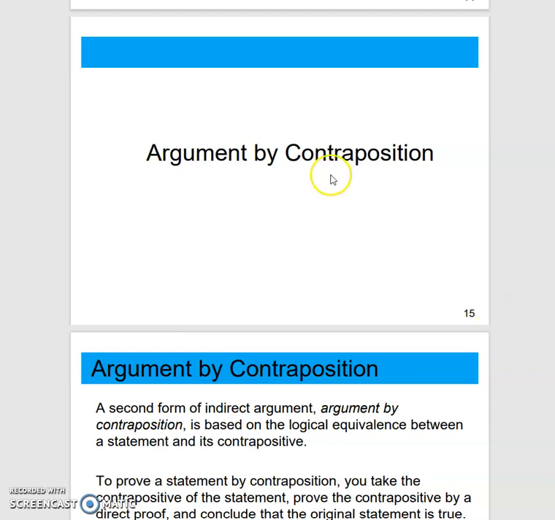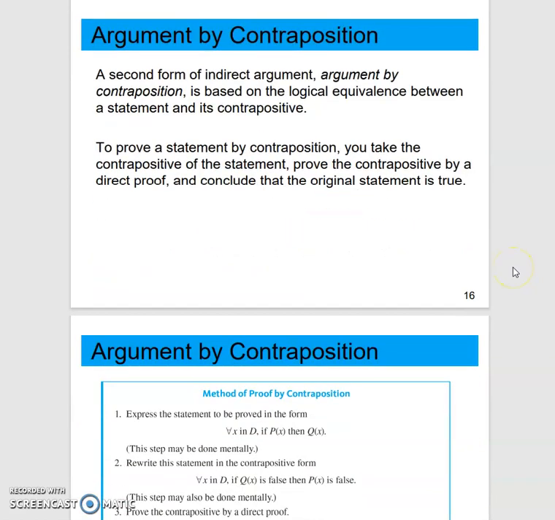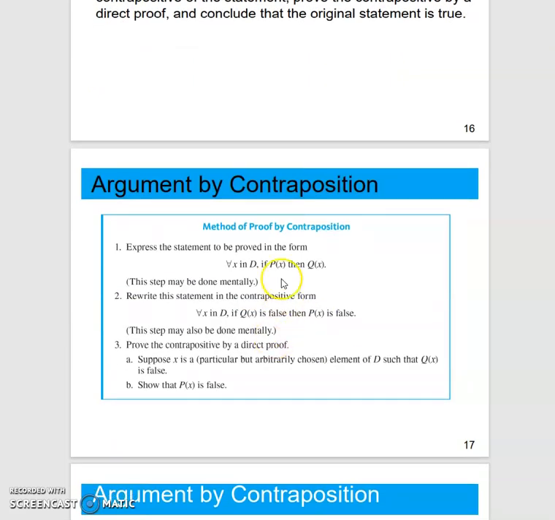Let's look at contraposition. We did contraposition earlier. Remember our regular if P then Q. The contrapositive is if not Q, then not P. And we said that those two are logically equivalent to each other. So I'm going to take my initial statement and rewrite it as the contrapositive.